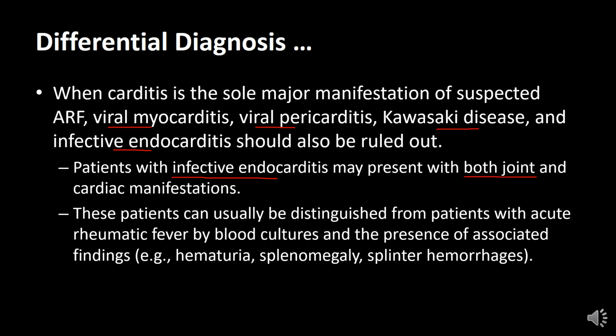And it is because of this that we are considering it as a differential. Now, the distinguishing factor for infective endocarditis will be the blood culture. Blood cultures in endocarditis will be suggestive of a hematogenous microorganism.